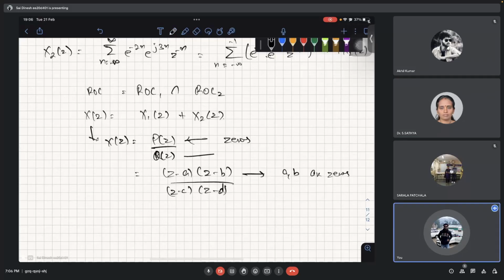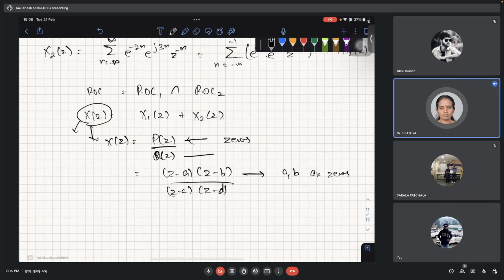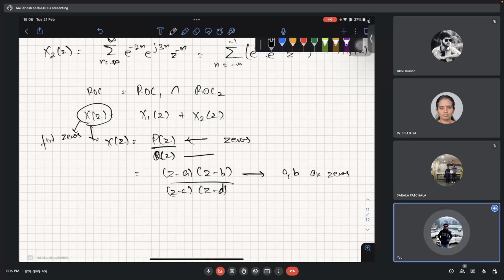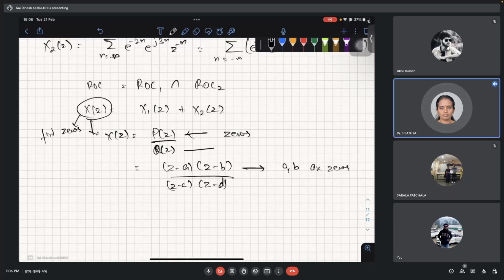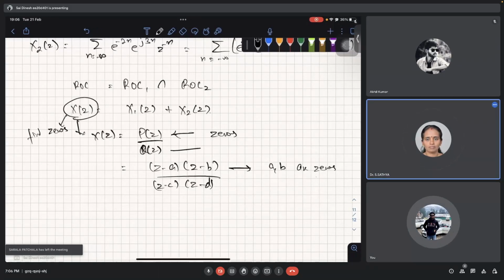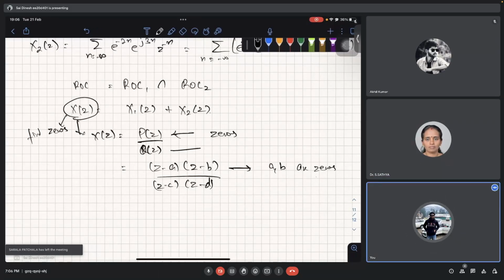So in this system x of z, what we need to find are the zeros. So once you find x of z, put it in this form p of z by q of z, and then solve for the numerator. Only for the numerator you need to solve.